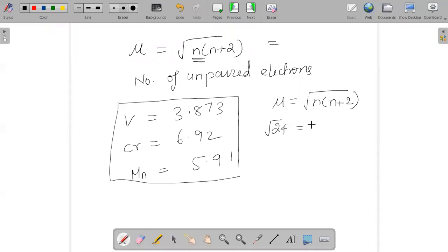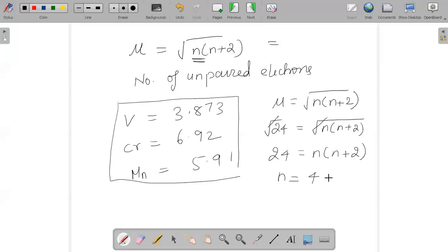That will be equal to root of n into n plus 2, where n we do not know. The root you can cancel. 24 is equal to n into n plus 2. So you can calculate the n value from this, and you will get it to be 4.